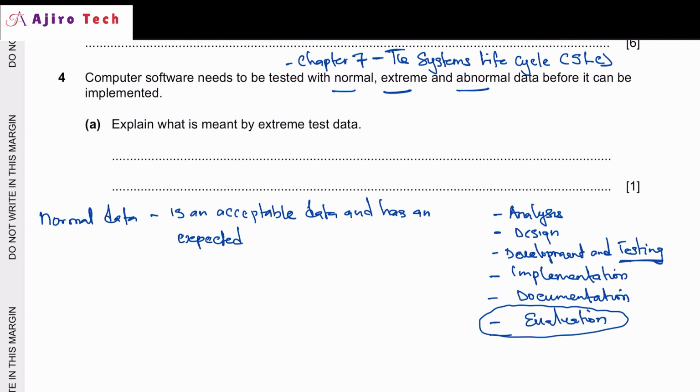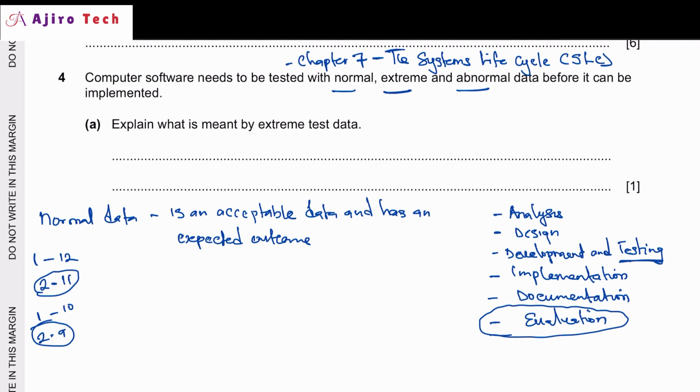Let me give you a good example. The months of the year run from January to December. The acceptable data will be February to November. Or for test scores of 1 to 10, the acceptable data will be 2 to 9.